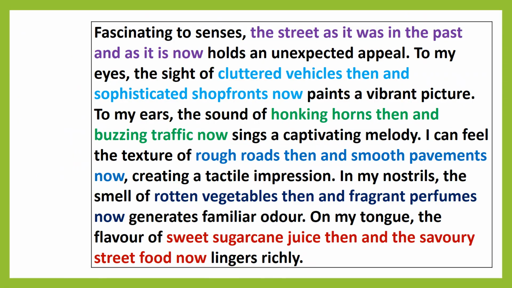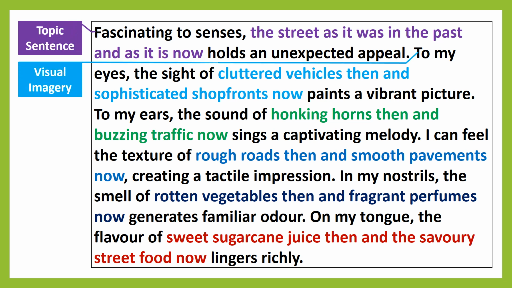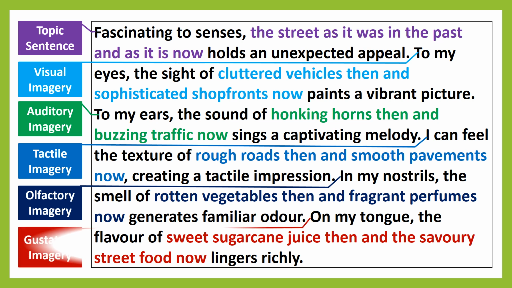Your response to body paragraph 1 should be structured as follows: a topic sentence that addresses the topic of description, and 1 descriptive sentence example for each of the imagery types: visual, auditory, tactile, olfactory, and gustatory.